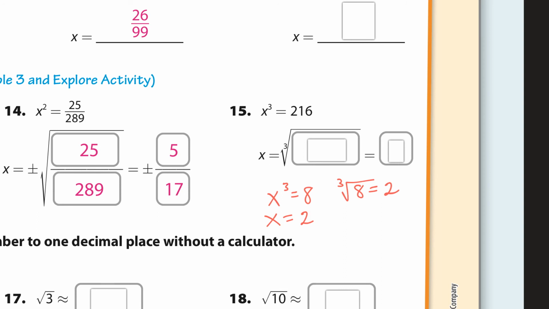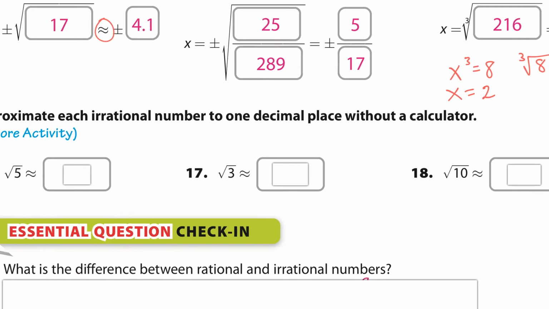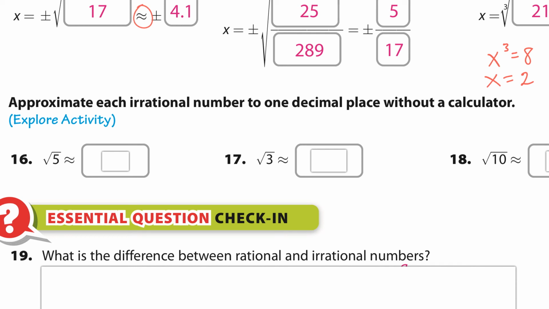Now, what times itself 3 times is 216? Well, the cube root of 216 is 6. 6 times 6 is 36, and 36 times 6 is 216. That's how that works. Okay, so we're going to approximate this.